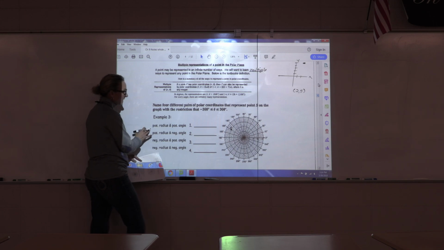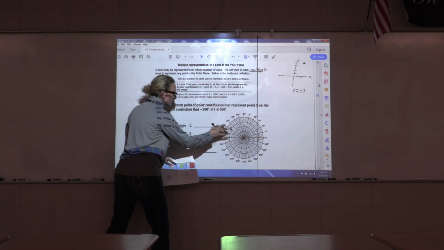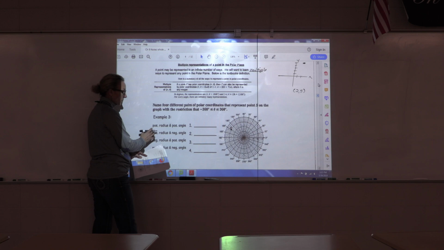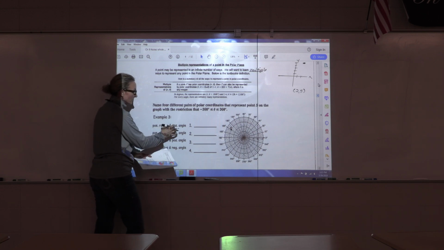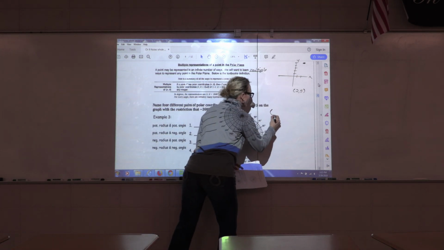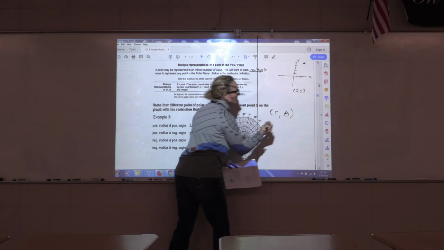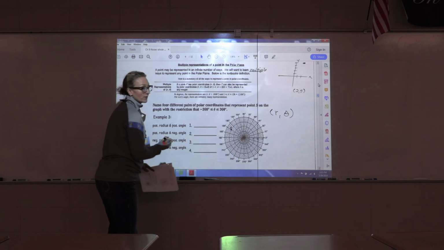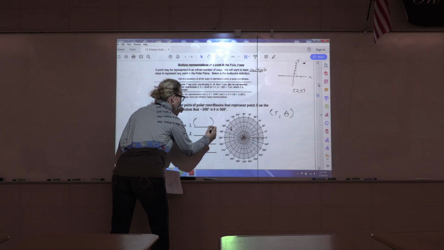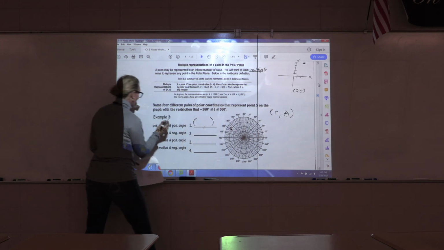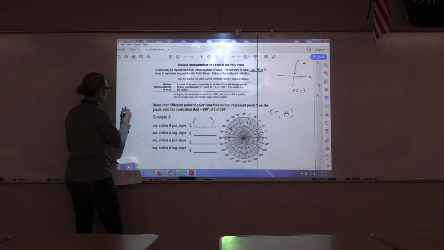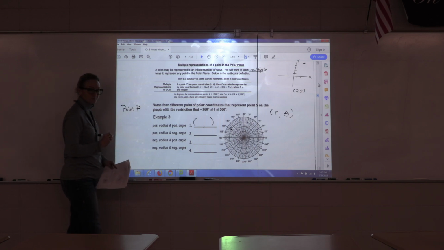Okay, let's first name point S, but name it in its easiest form. So this is the easiest: positive radius and a positive angle. So all of these points are going to be r comma theta. So all of these are multiple representations for point S on that graph.